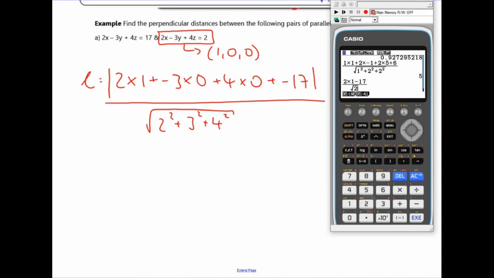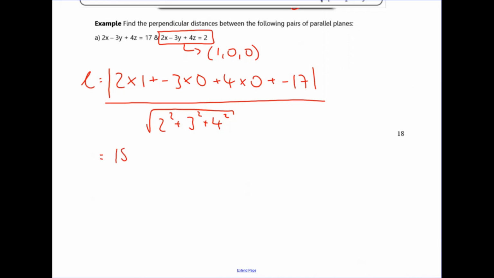And that's over root 2 squared plus 3 squared plus 4 squared. Make it positive because of the modulus sign. So 15 root 29 over 2. It's 15 over root 29 really, but that's nice.